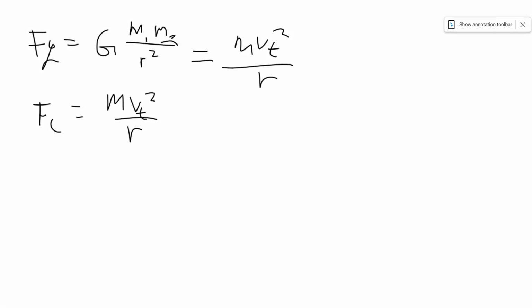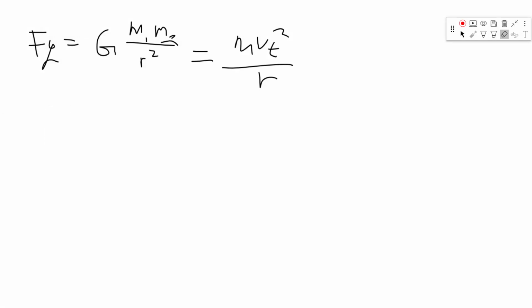And then go ahead and try to isolate tangential velocity. So we want to get this by itself. Okay, that means both sides are getting multiplied by r. So we're going to see one of these r's disappear.